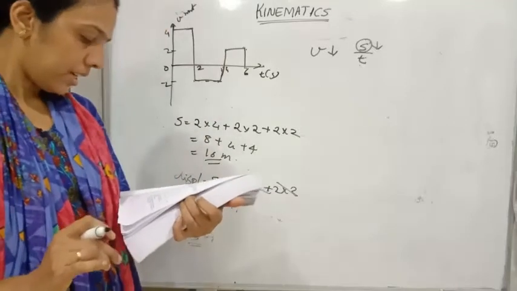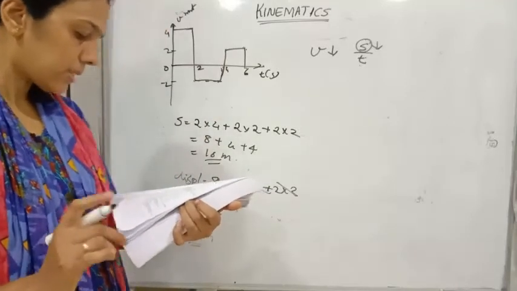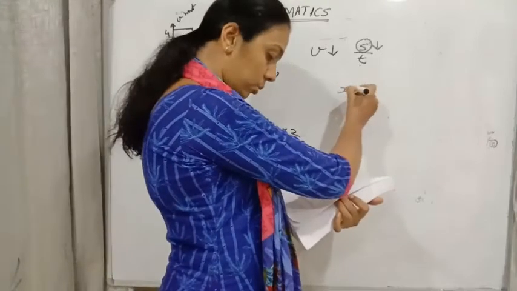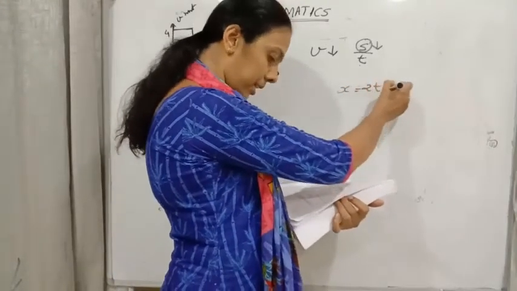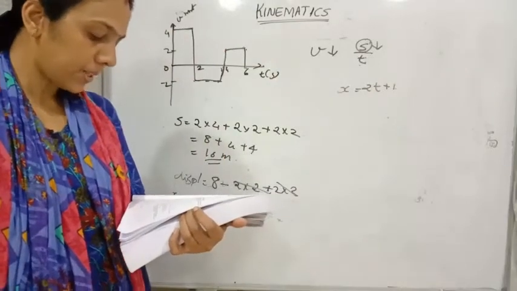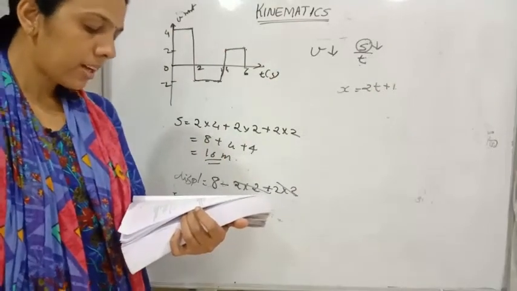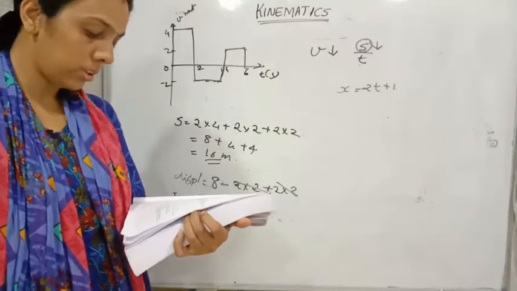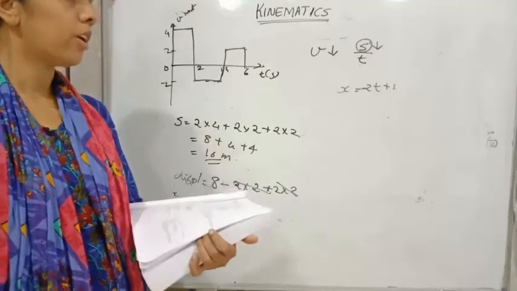Next, the x-t equation is given as x equals 2t plus 1. The corresponding v-t graph is: a straight line passing through the origin, a straight line not passing through the origin, a parabola, or none of the above.